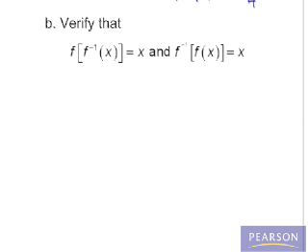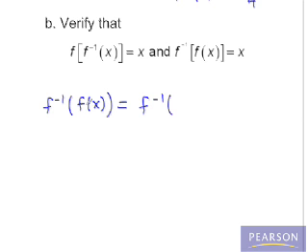We need to verify, does f inverse of f of x equal x? Well, let's take out the f of x and substitute in what it's equal to.